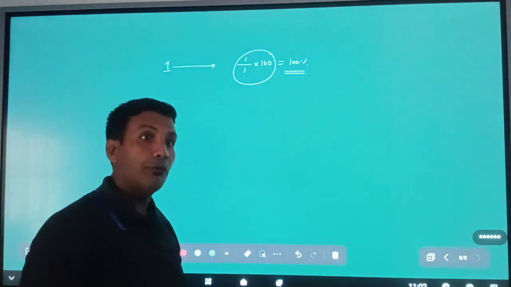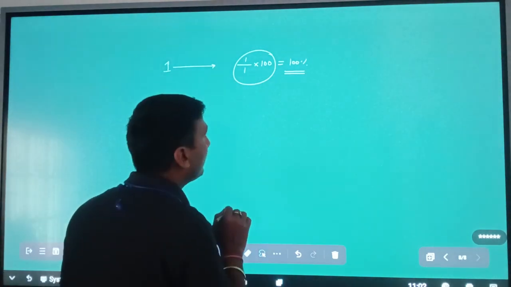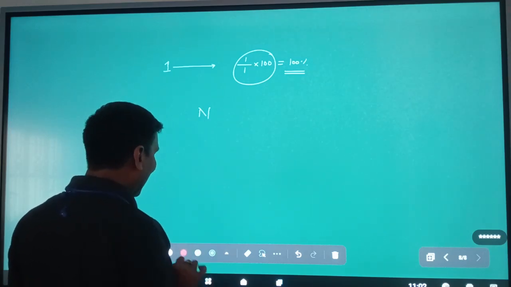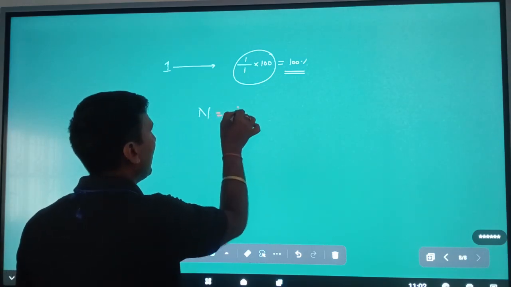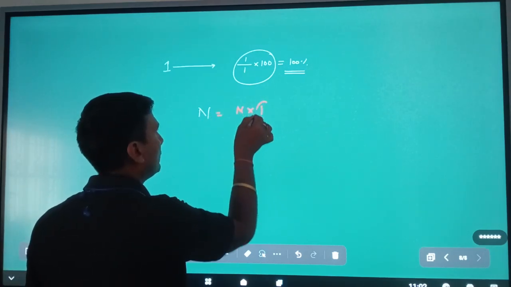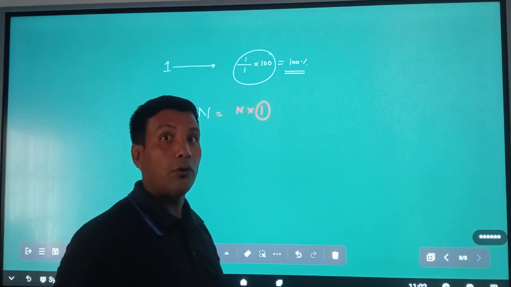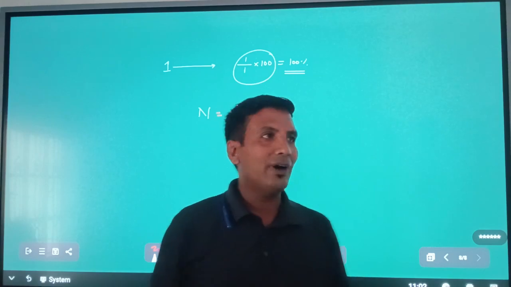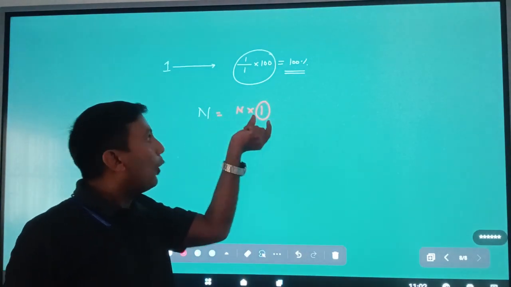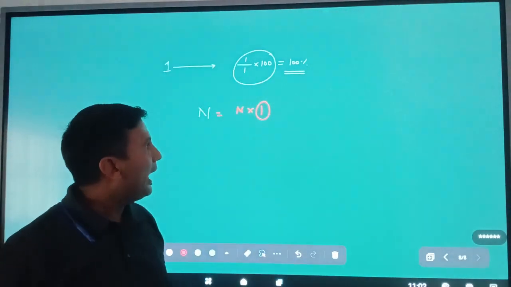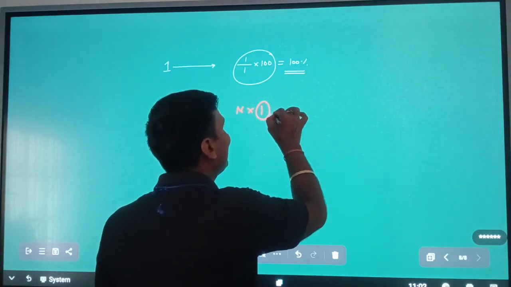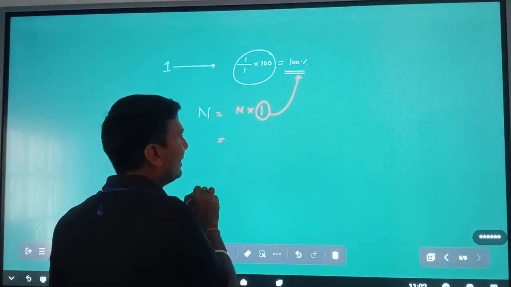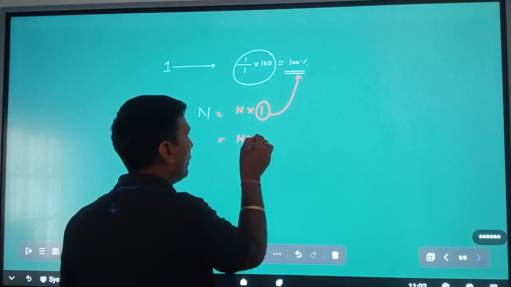And as we know from number theory, whenever we have any number, suppose n, n can be written as n into 1, because 1 is the factor of all numbers. 1 is a unity, and that signifies that n is 1 times n. And 1 can be written as 100%. So we can say n is equal to n into 100%.